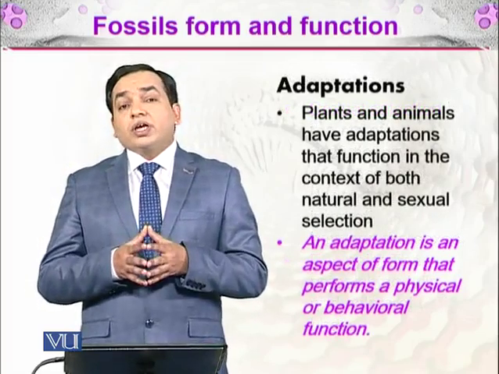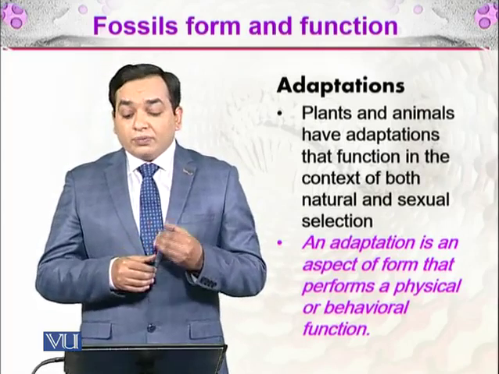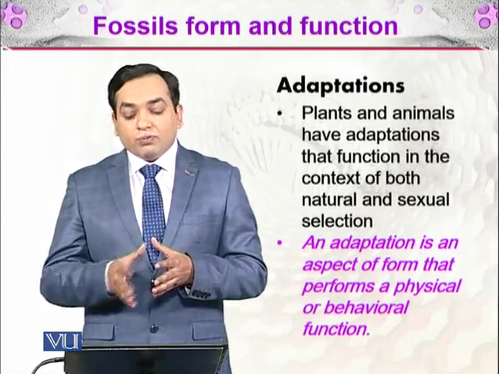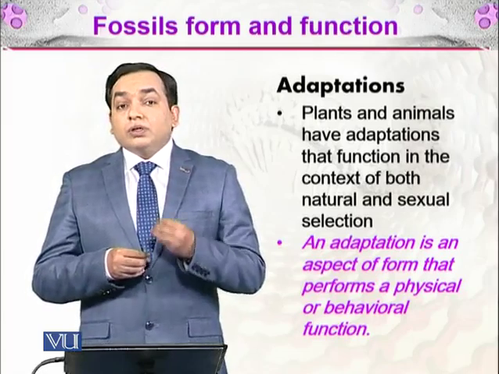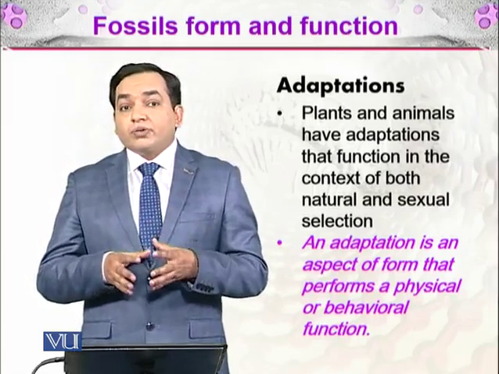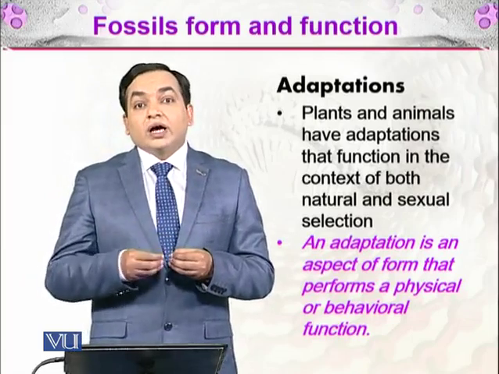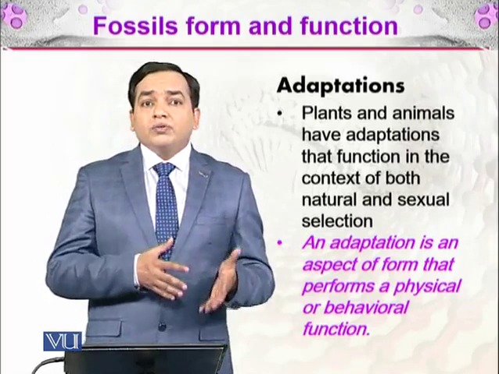Now, we will be talking about adaptations. What is adaptation? Plants and animals have adaptations that function in the context of both natural and sexual selection. So, adaptation is some sort of characteristic that helps an organism to survive in an adverse environment. And of course, the environment is always adverse.